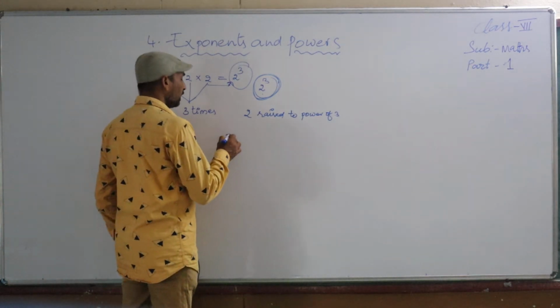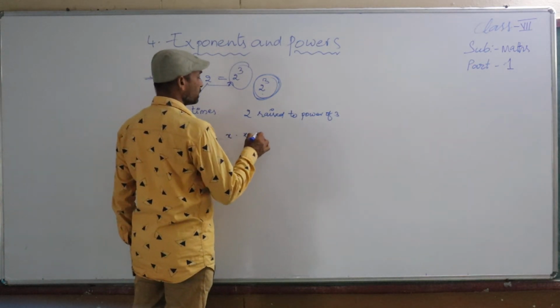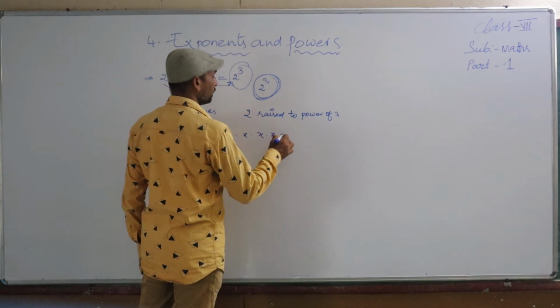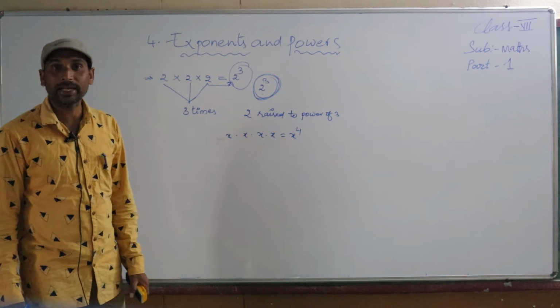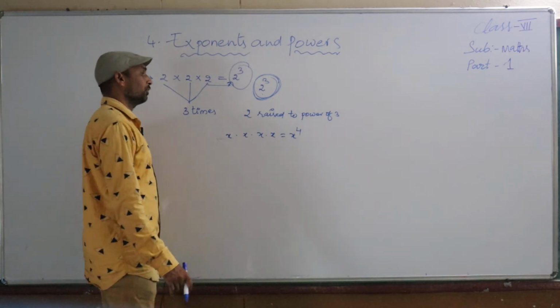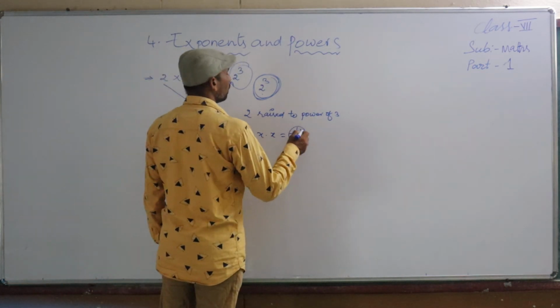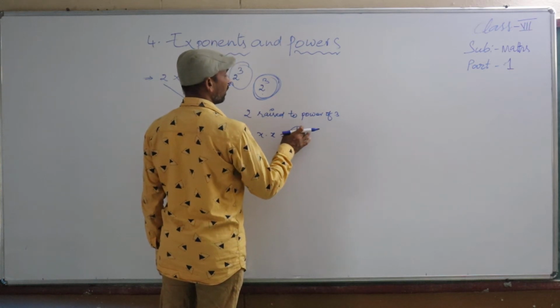Then x into x into x into x is x power 4, x raised to the power of 4.